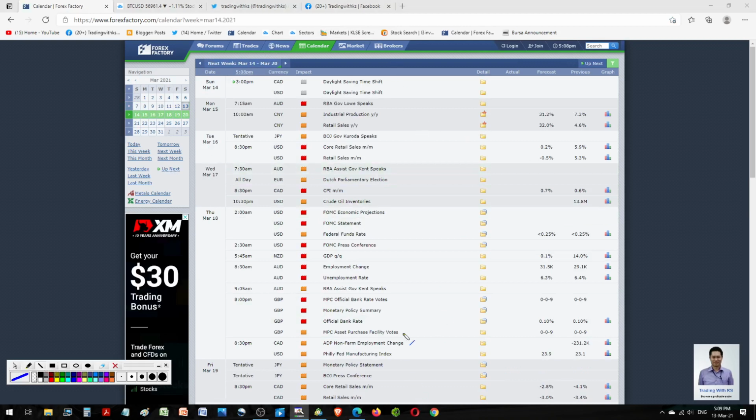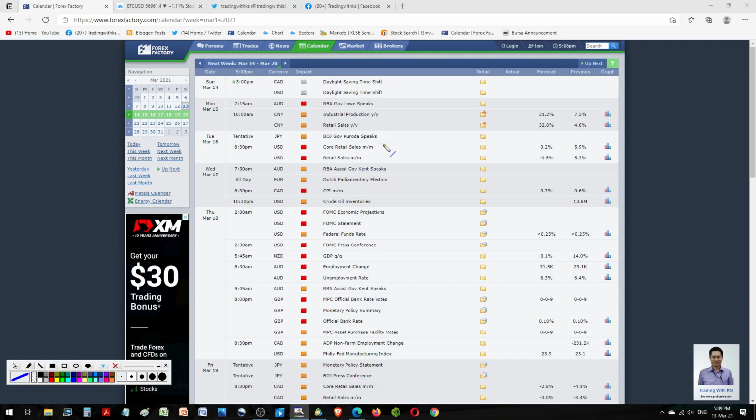A lot of events next week. So China industrial, from Monday, we have to see China industrial production and retail sales year over year. They expect a beat, 31.2 and 32.0. So this one will benefit the countries that export a lot to China, Australia and New Zealand mainly.